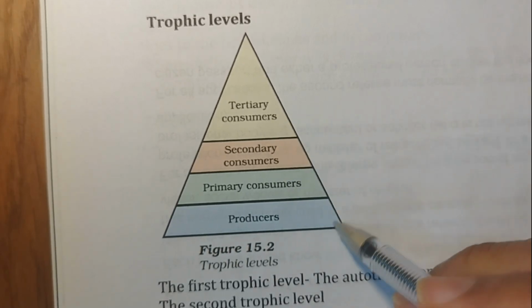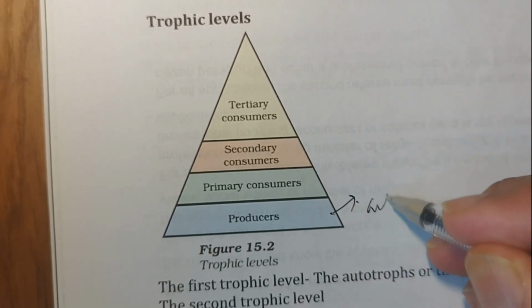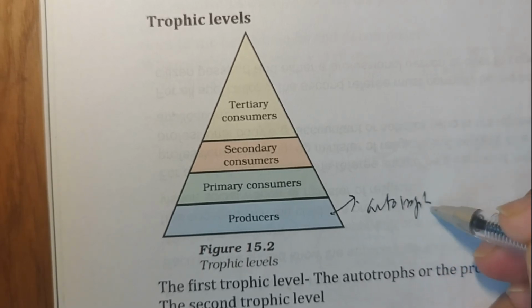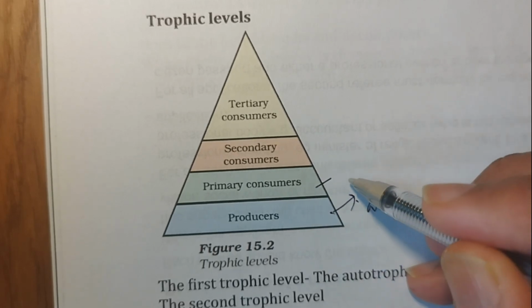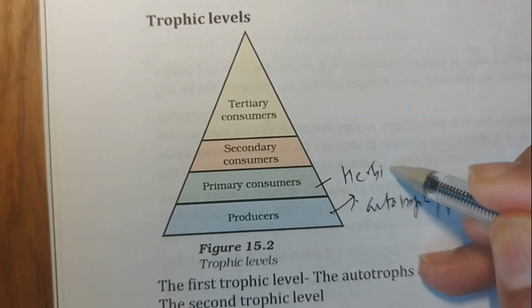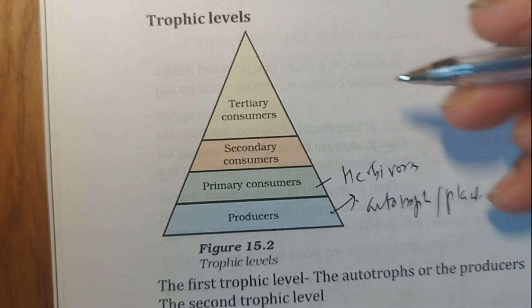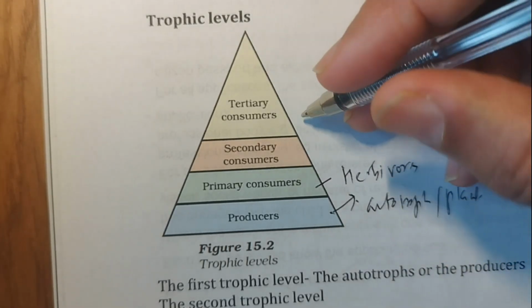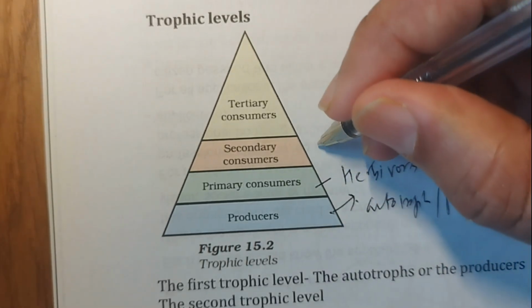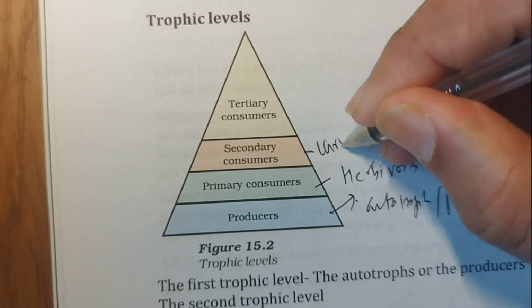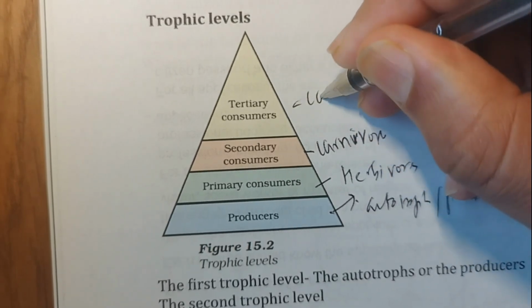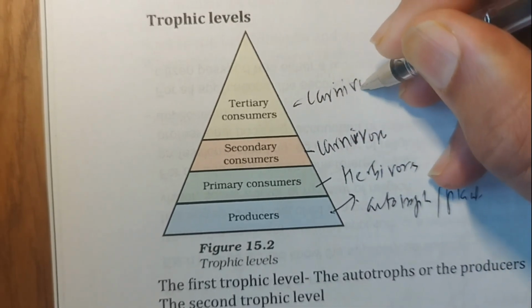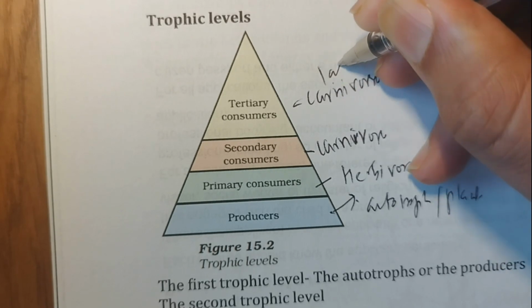So that's producer, that is autotroph or plants. Then primary consumer, these are herbivores. And the secondary and tertiary consumers are the small carnivores and large carnivores, okay?